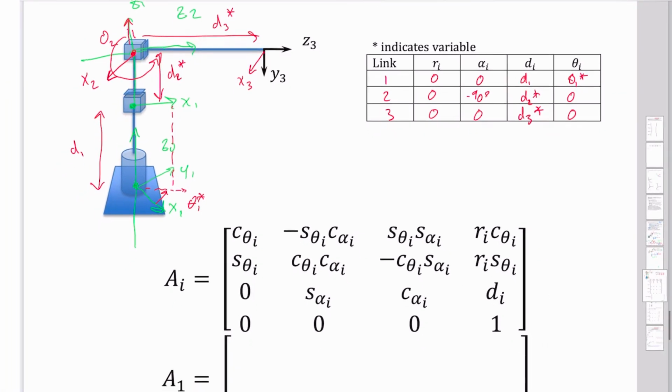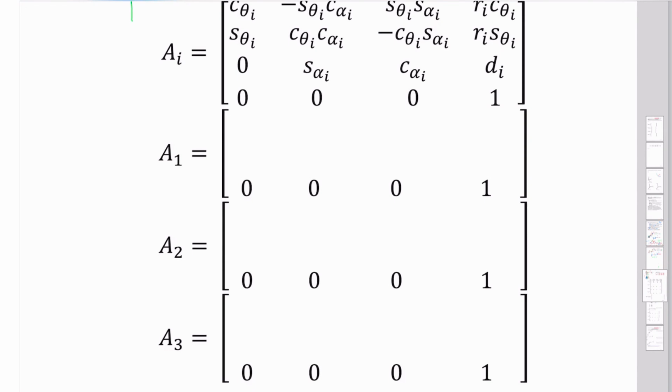And so then I can build out my transformation matrices. A1 is cosine 1, negative sine 1, 0, 0, then sine 1, cosine 1, 0, 0, and 0, 0, 1, and I've got a little offset in my d1. My next frame, my 2 frame, has a twist on it, and it's also got a d offset. So I've got my d2 star over here.